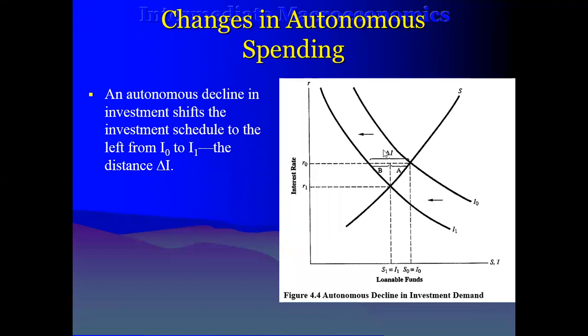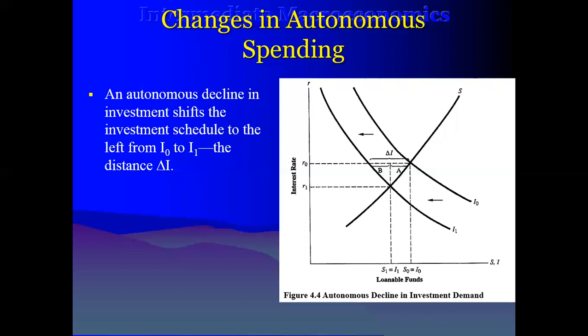That's why we represented it by change in I. Because there's a decrease in investment, there's a decrease in the demand for loanable funds, and as a result, it's going to put a downward pressure on the interest rate. Now people are not demanding loans, so even if you put your money in the market, it wouldn't attract much interest. You understand?